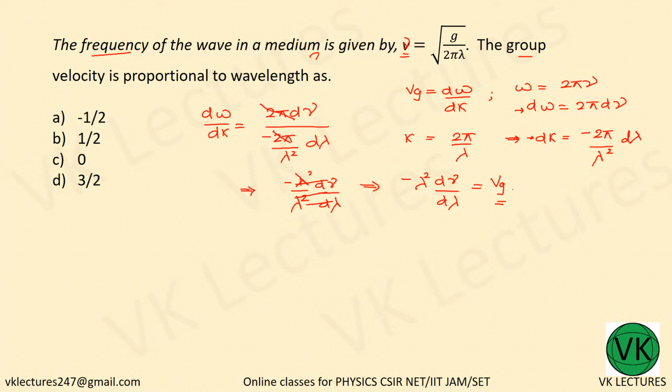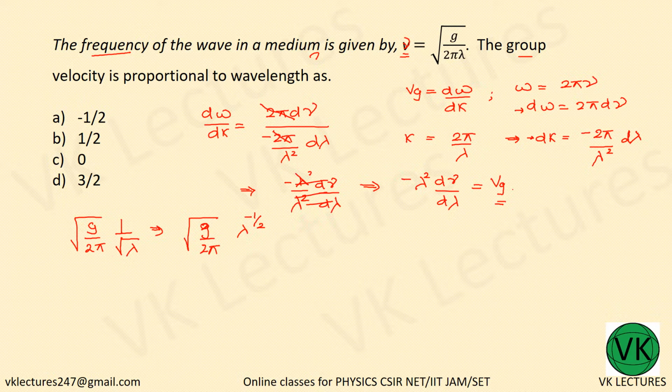So now the question: nu is under root g divided by 2 pi into 1 by root lambda, or if you want to write it as g divided by 2 pi lambda to the power minus 1 by 2, this would be better.